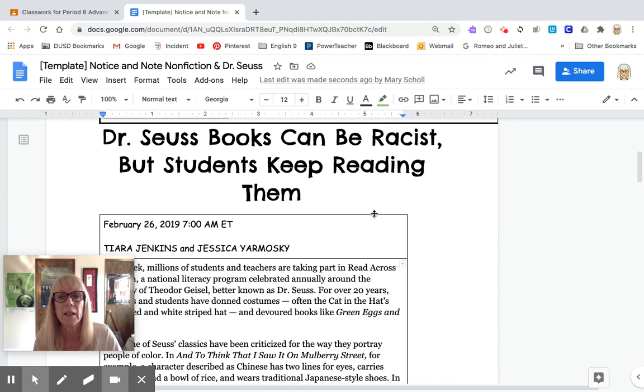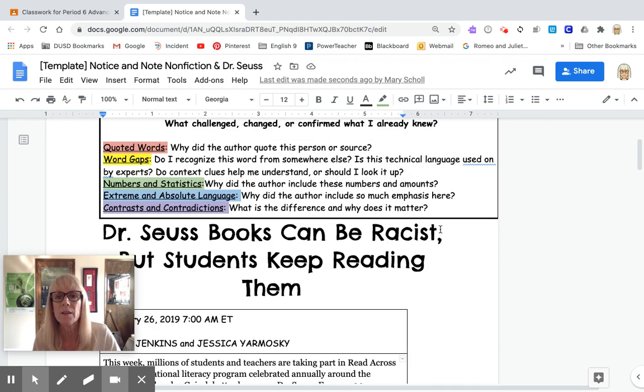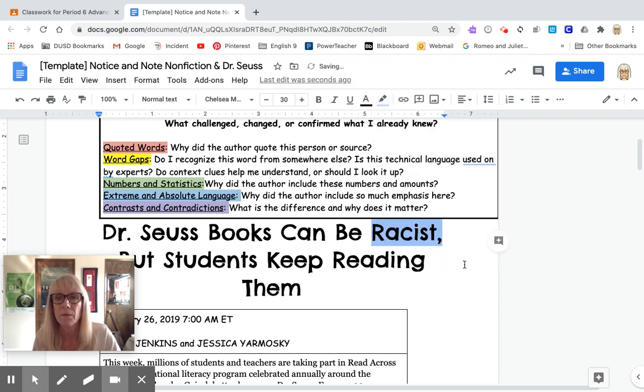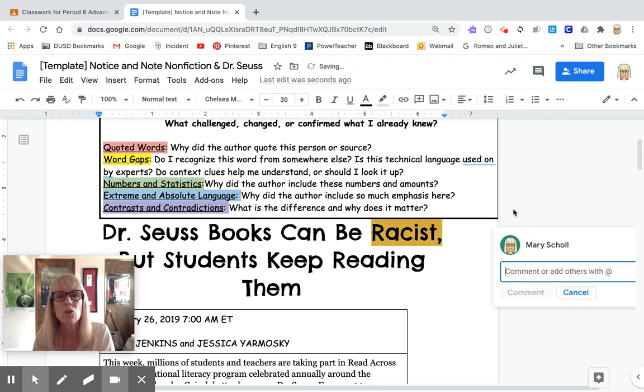Extreme and absolute language. Well, I think the most obvious is in the title when they use the word racist. And that has to be highlighted in blue. And I've noticed the signpost. Now I've got to make a note about it. And the question with that is, why did the author include the emphasis here?